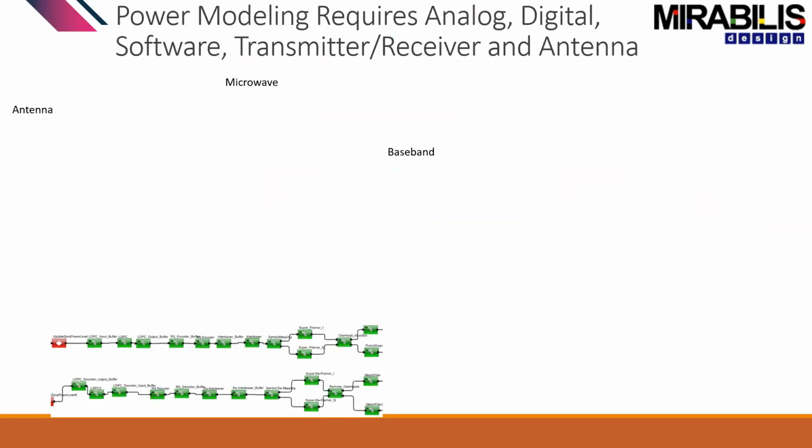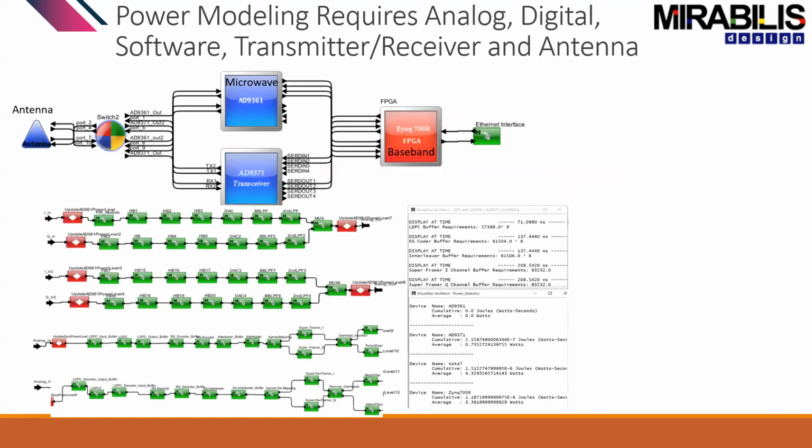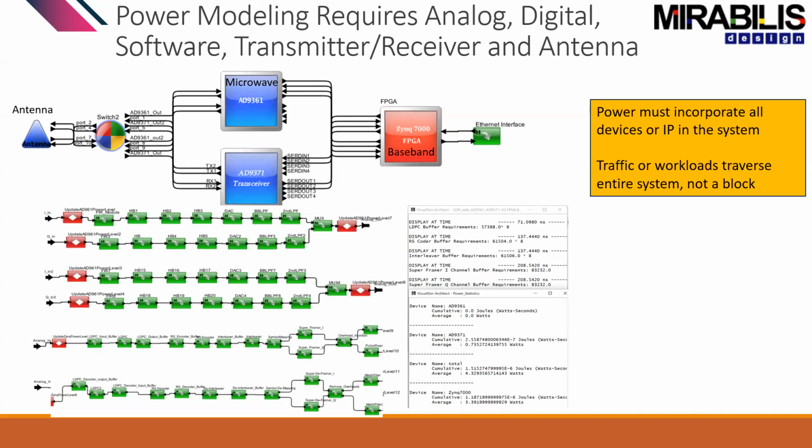Now, when we look at power modeling, you're not just looking at one particular IP. Of course, you can also look at the IP level, but you want to look at the overall system. The overall system can have antennas, microwave, basebands. It can be made up of either a single chip or multiple chips. So you want to look at the power at all these different levels, and you want to be able to try out different traffic or different workloads that go across these things.